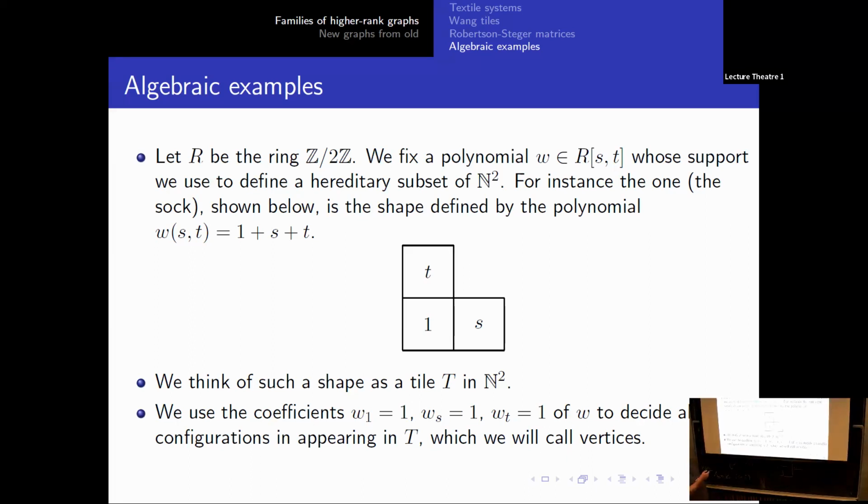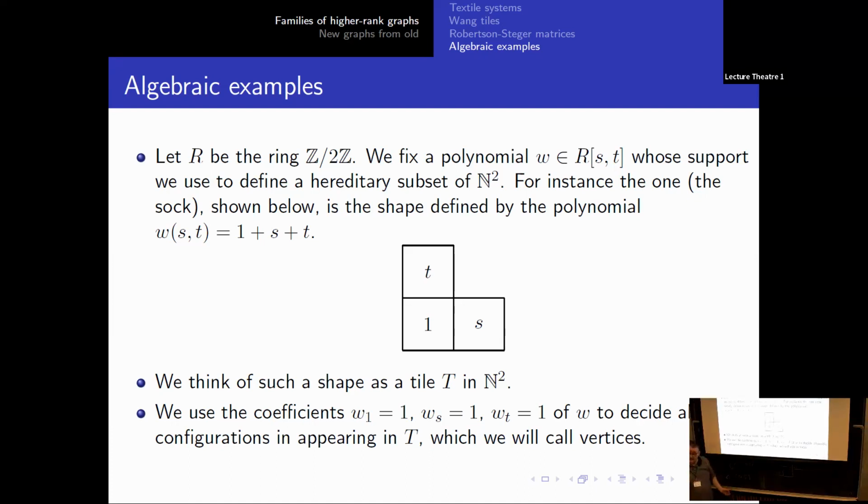So there's an invisible S^0 T^0 here, which is the origin. So we think of that as a tile in N squared. Basically, it's a finite tile. You look for configurations of zeros and ones, such that whenever you put that tile down, you see a certain pattern.